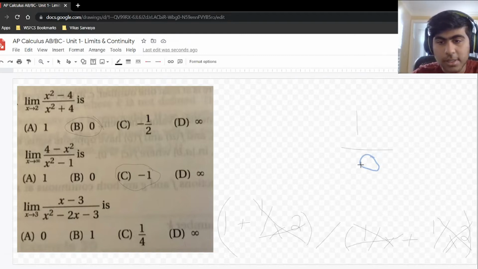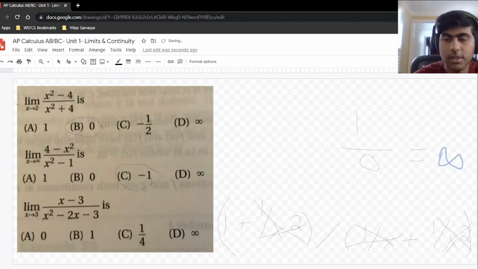But remember, this isn't just 1 over 0. This is 1 over something approaching 0. It's getting very, very tiny. So as this gets very tiny and this stays at basically 1, what's 1 over something very tiny? Well, that equals infinity.